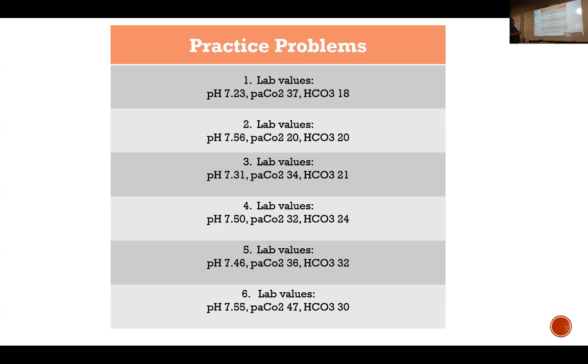Where would the pH go and why? Alkalosis, 7.55 pH, because it's above the normal range, 7.45. Now our PaCO2 is 47. Where does that go? This side, right?